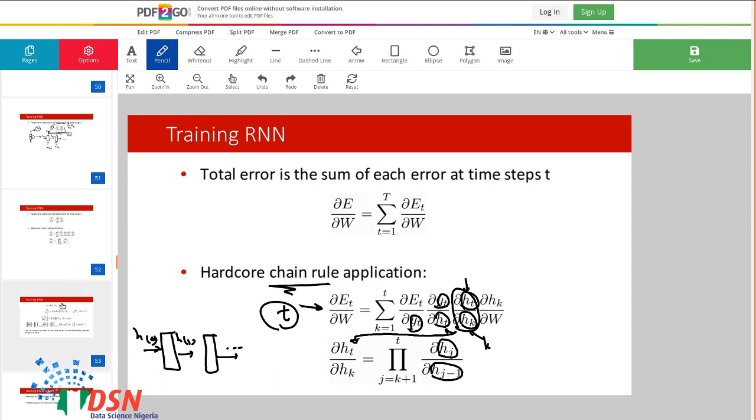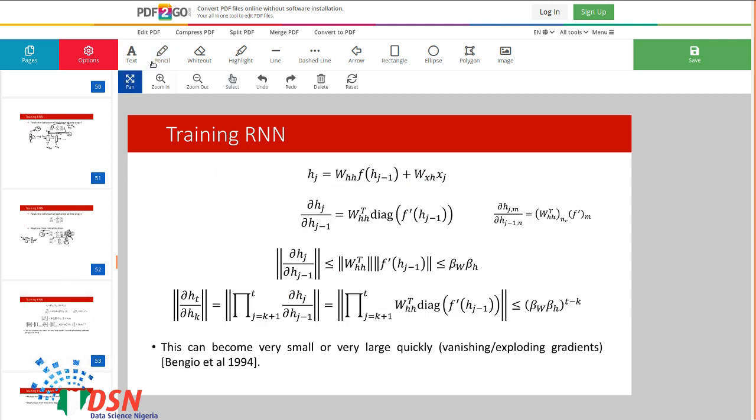In that case, because we use the same W_hh, if you remember, we could calculate a bound for the norm of this derivative, and it is less than beta_w times beta_h to the power of t minus k. What does it mean?